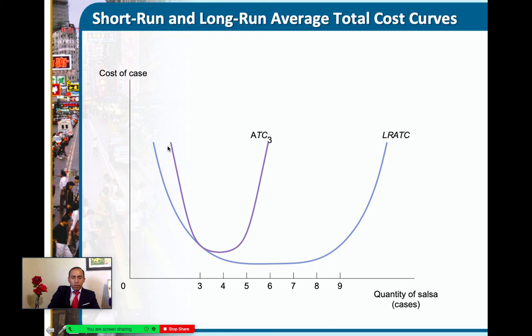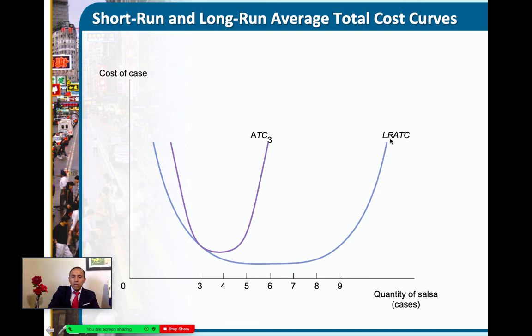If the firm wants to produce 3 units in the short term, represented by average total cost 3, the firm will produce 3 units for short-term capabilities on the average total cost curve 3, which is the purple curve, ATC3, and it can produce 3 units in the long run capabilities.